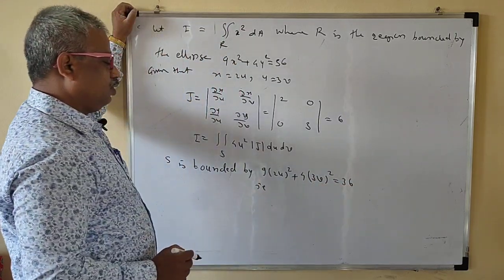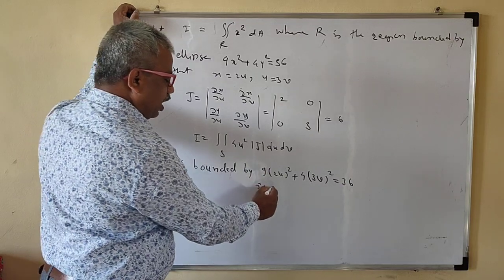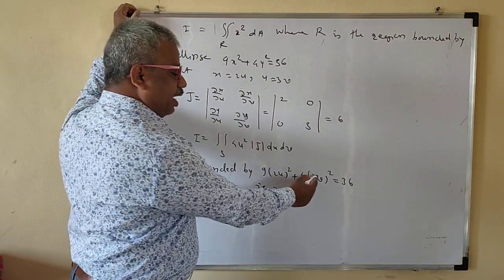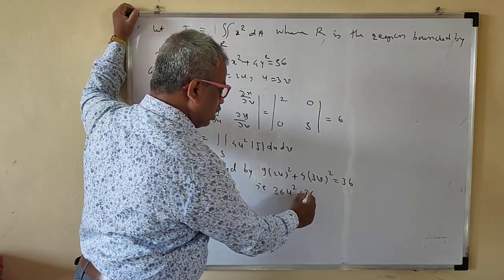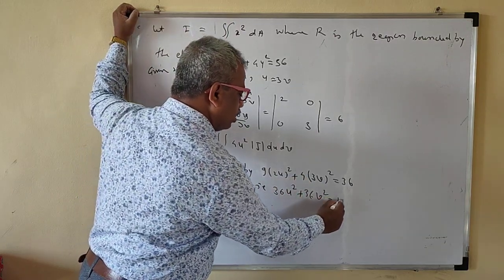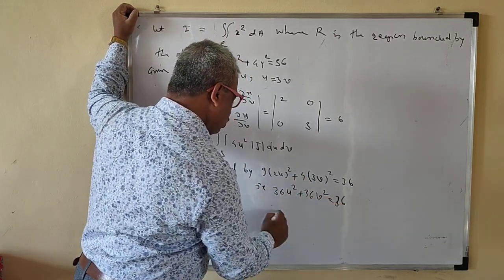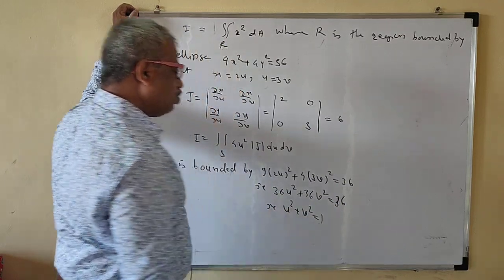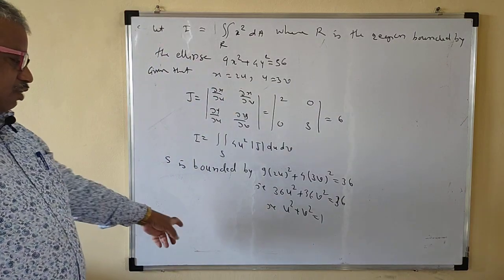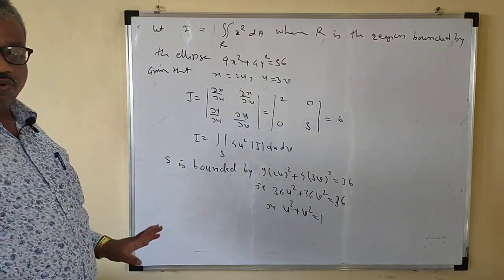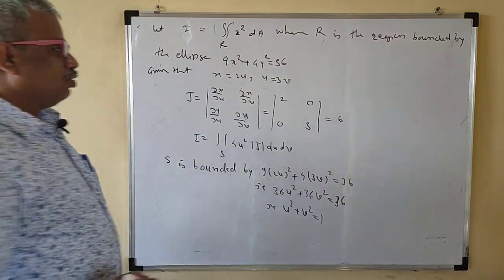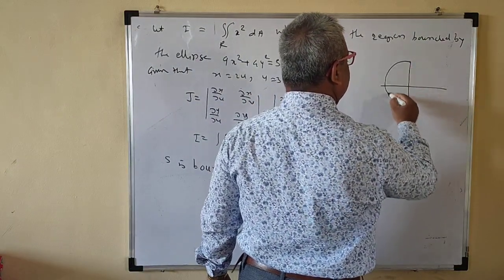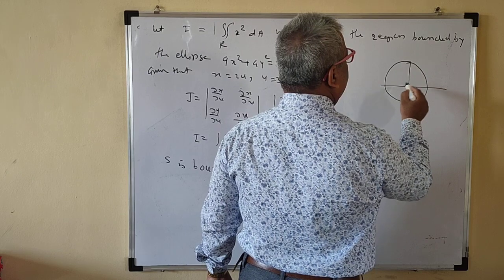So that is, 4 into 9 is 36 u square. This is 9 into 4 is 36 v square is equal to 36. So that is what, u square plus v square is equal to 1. That means your S is bounded by this. That means it is a full circle. Okay, so full circle is there. So this is your full circle.